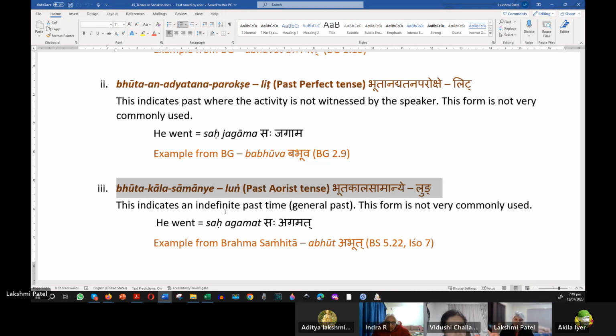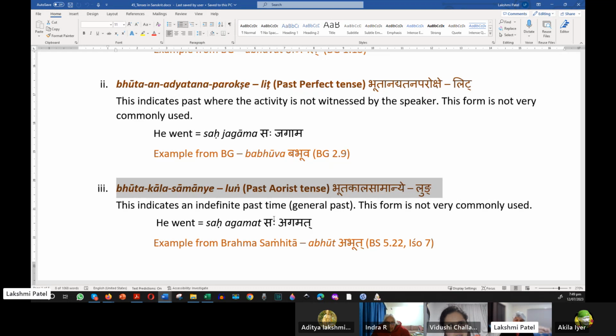Okay. Makes sense? Yes. So both of them are talking about some time in the past, Mataji. So the only difference that I can see is that the second one is not witnessed, but the third one is witnessed, but sometime in the past. Would that be?